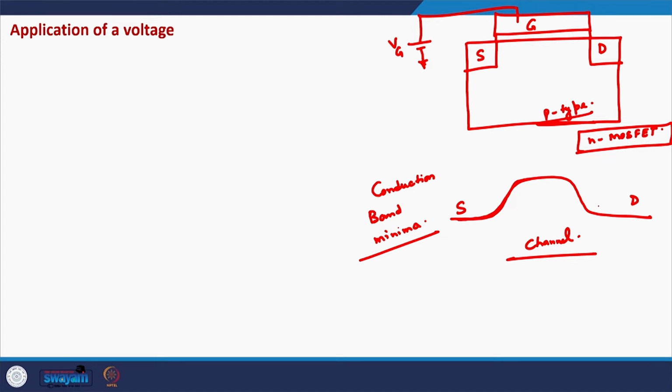So if we apply a positive voltage on the gate terminal, it produces an electric field in the channel, because the body is also, let us say, grounded. So there is a net positive voltage on one side of the device and a negative voltage on the other side. Between the gate and the channel there is this oxide layer.